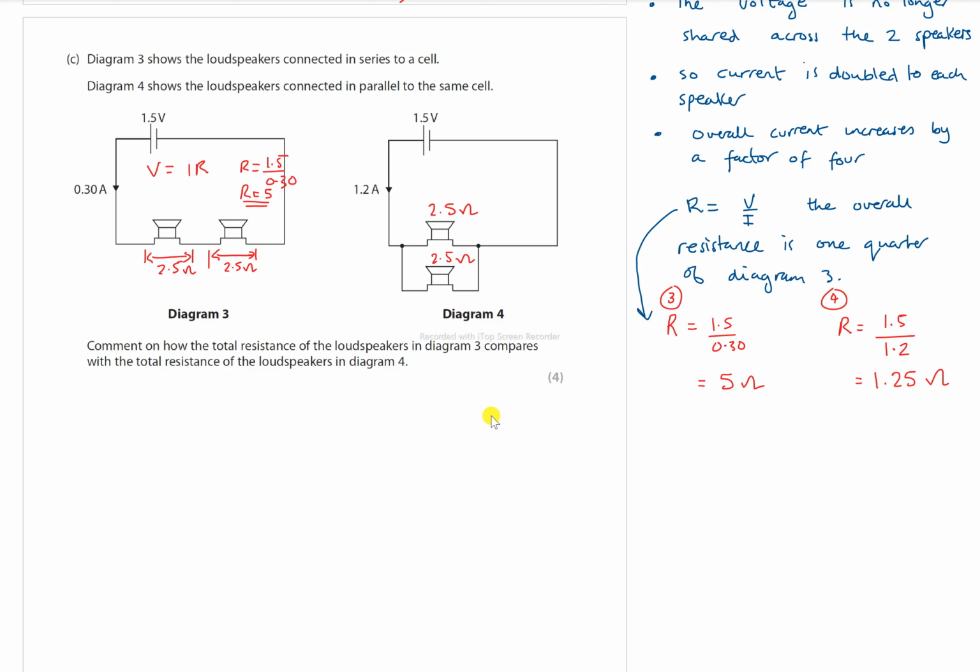Now how do you work out the resistance of parallel resistors? So basically it's 1 over R1 plus 1 over R2 equals 1 over the total resistance. It's the reciprocal. Okay, so it'll be 1 over 2.5 plus 1 over 2.5 equals 1 over RT.